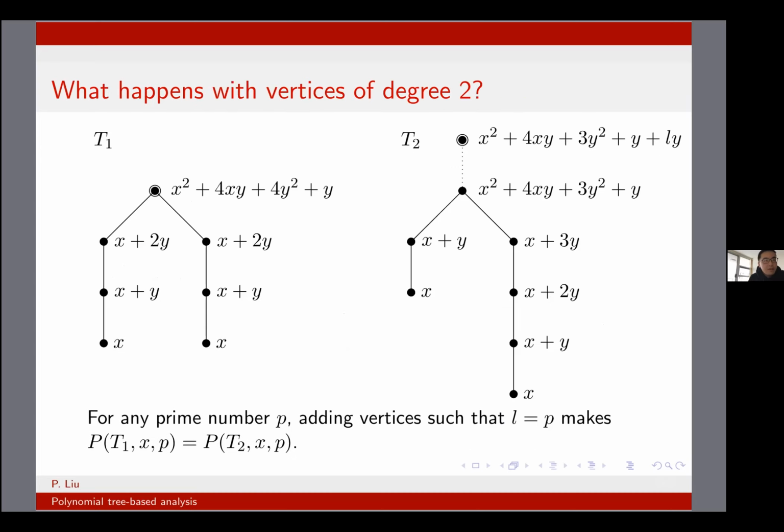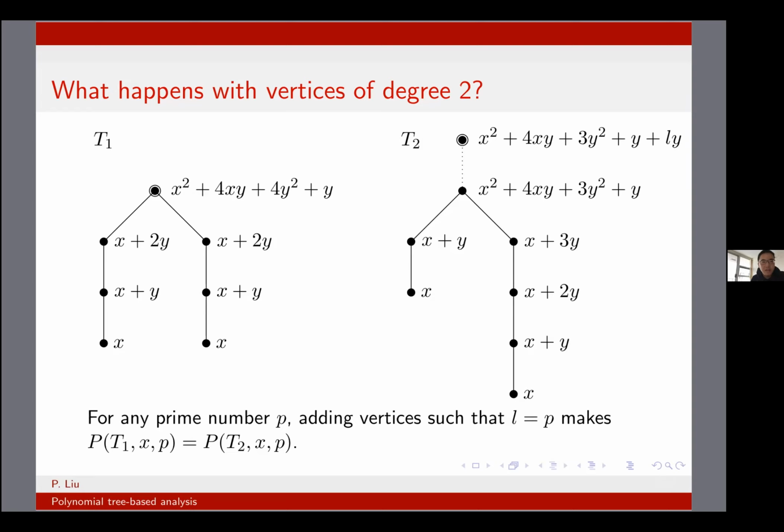When we have a vertex of degree 2, for example, we're going to have these paths in there. Then we could design two trees that are not isomorphic, and they will have a different bivariate polynomial P_{T1,T2}(x,y).